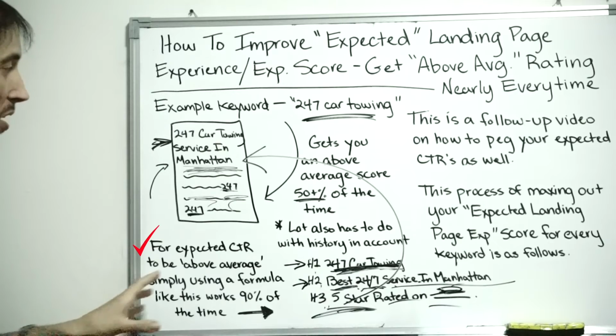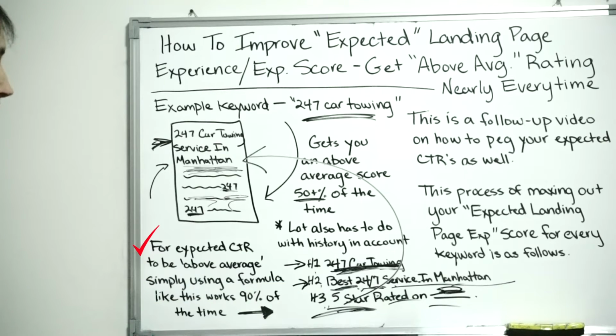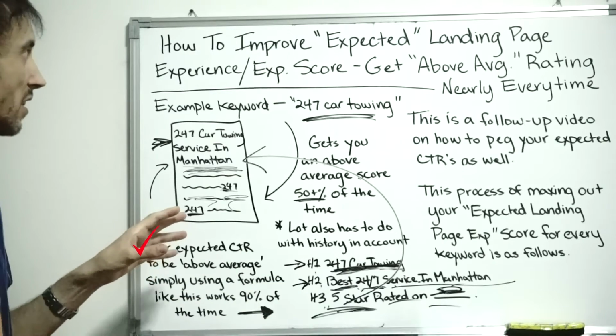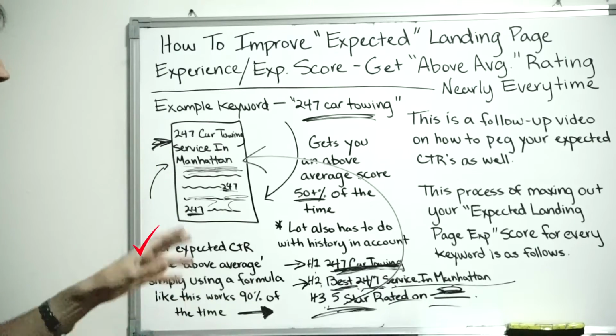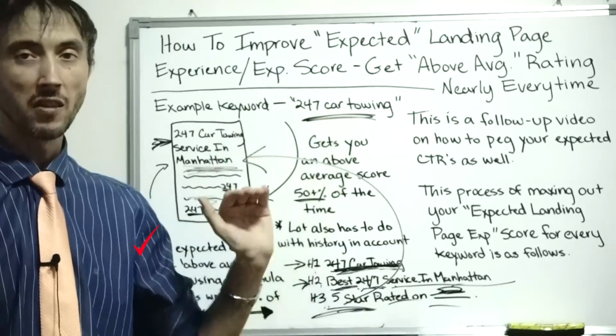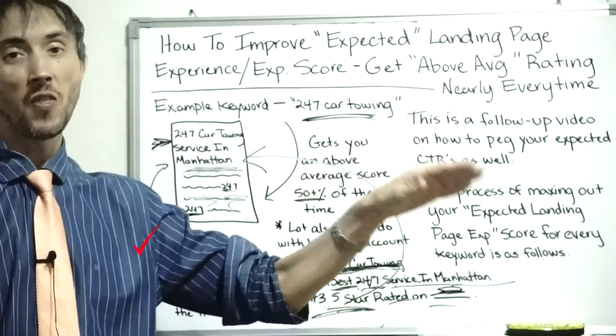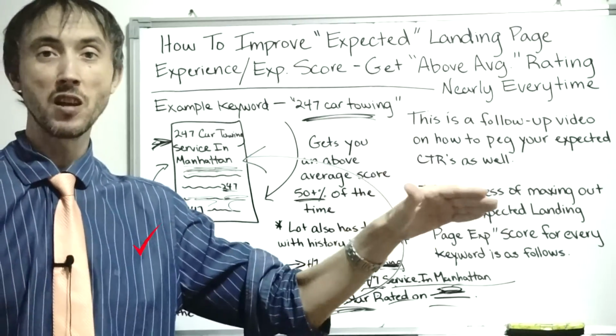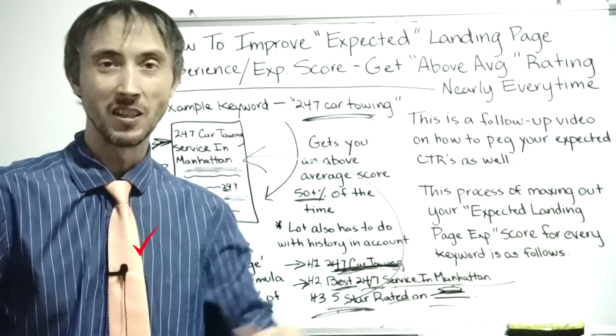But anyway, I wanted to throw in that extra bit of information on how to get the expected CTR score up as well, so that at the end of the day, instead of paying that $10 per click, you're paying $2.50 per click before you got 1,000 clicks on your keyword. And then after you got your 1,000 clicks, you're still paying $2.50 a click.